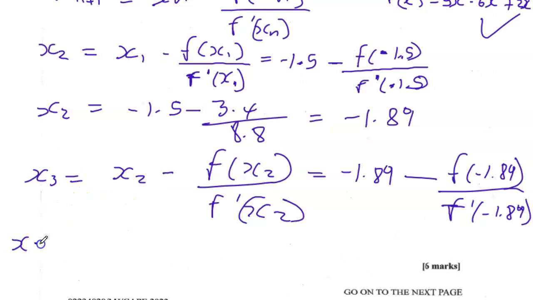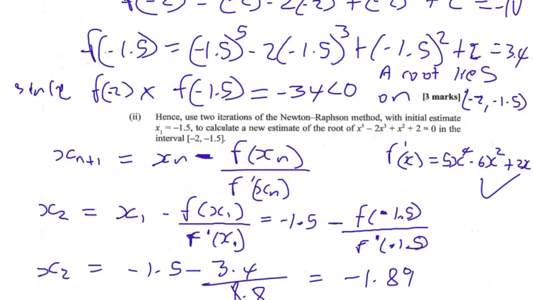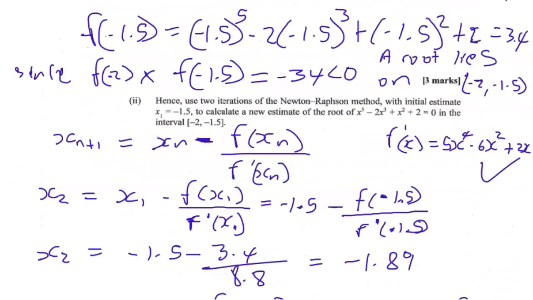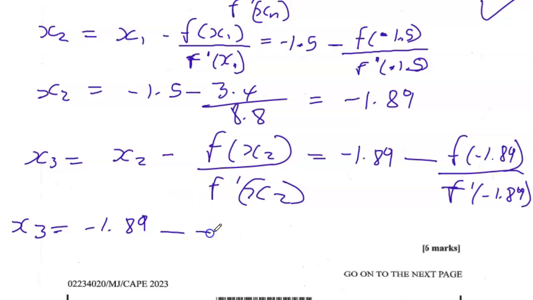Alright, so x3, we have negative 1.89. And when I substitute negative 1.89 in the original function, I'm getting negative 5.04. Negative 5.04, and the double negative gives me actually a plus here.